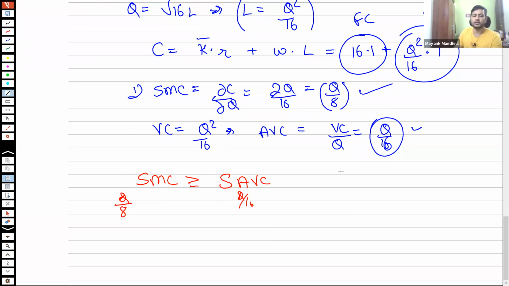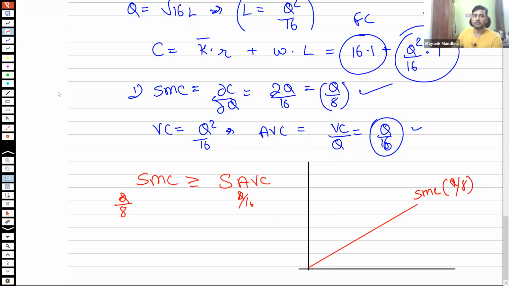So if I plot it on the axes, what happens is that short-run marginal cost is Q by 8 and short-run average variable cost is this. So the reverse is never true. So the firm never shuts down.